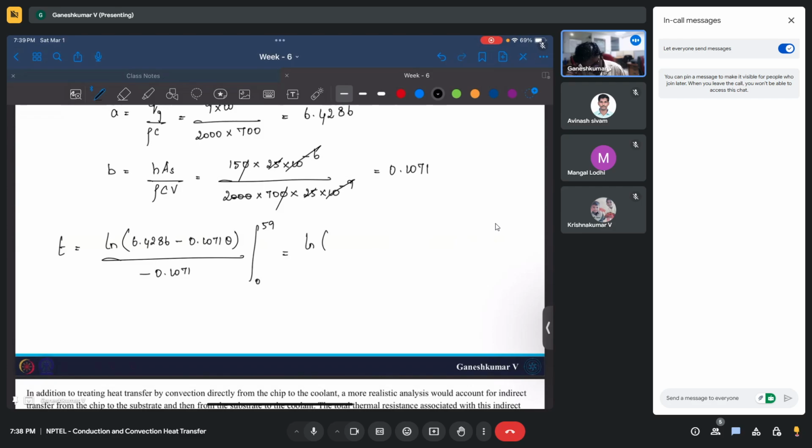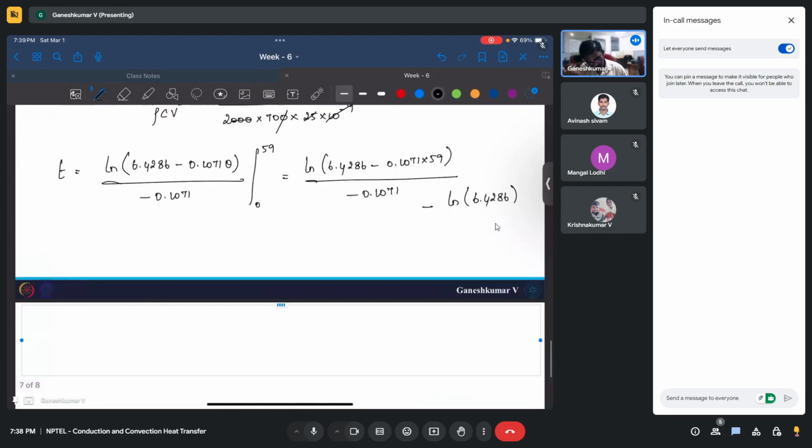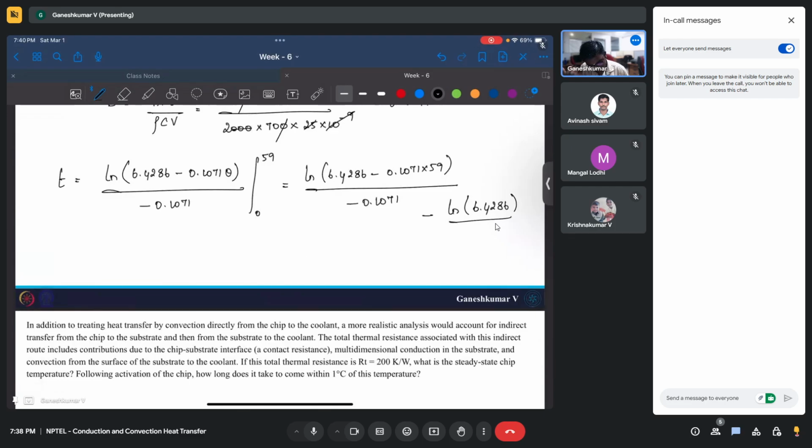So now if I want to substitute this, 6.4286 minus 0.1071 times 59, divided by minus 0.1071, and then you subtract it with natural log of 6.4286 minus the b times theta, which would be 0, so we can just remove that, divided by minus 0.1071. Okay, so now if you perform this analysis, what would happen?